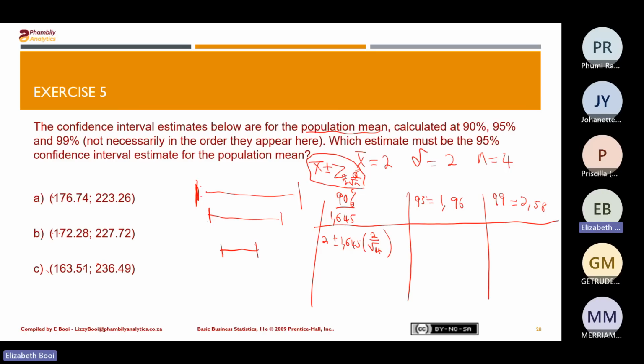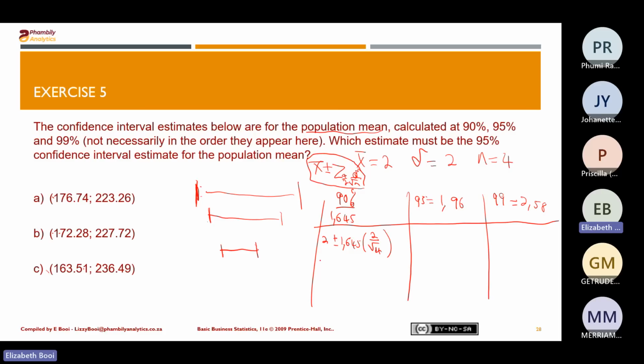So I'm going to calculate the values. 2 minus 1.645, open bracket, fraction, 2 divided by the square root of 4, close bracket.